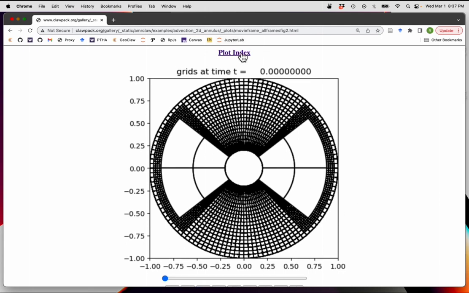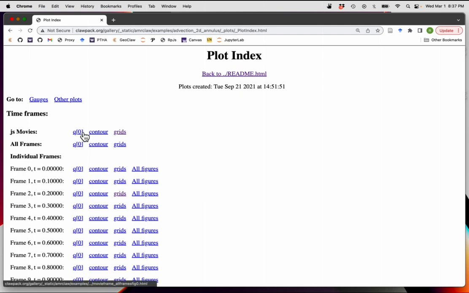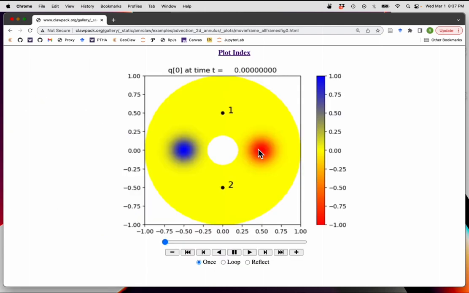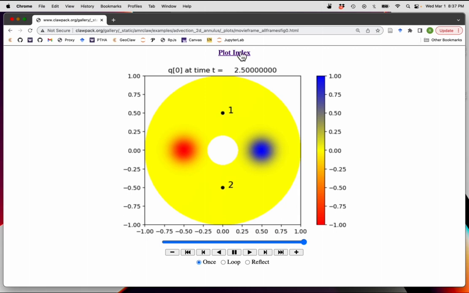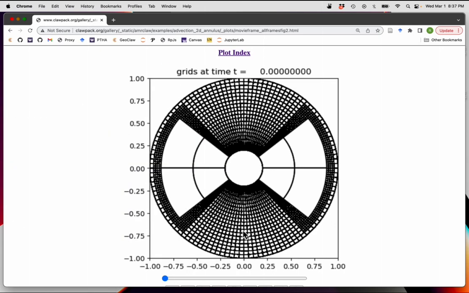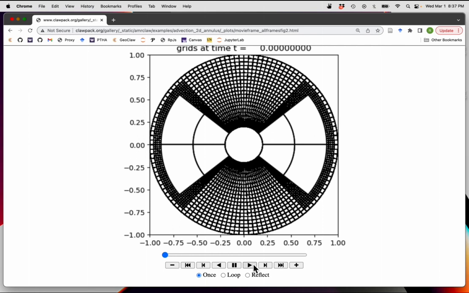And the solution that we were looking at is a positive Gaussian over here, and a negative Gaussian over here, and a varying velocity function that corresponded to solid body rotation, so that the solution should simply rotate around in this annulus. And the grids using adaptive mesh refinement follow that rotation.